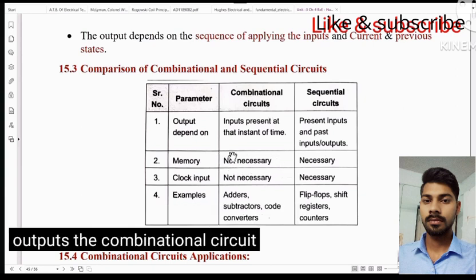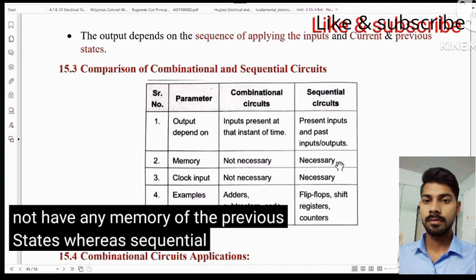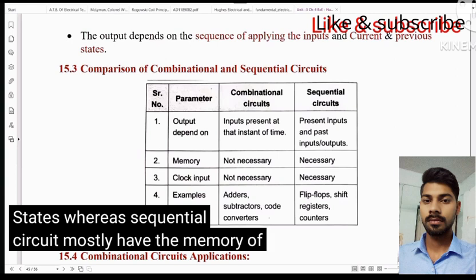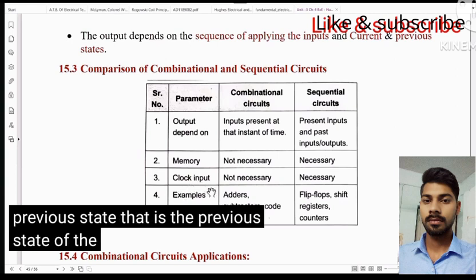The combinational circuit does not have any memory of the previous states, whereas a sequential circuit mostly has the memory of the previous state, that is, the previous state of the variable.